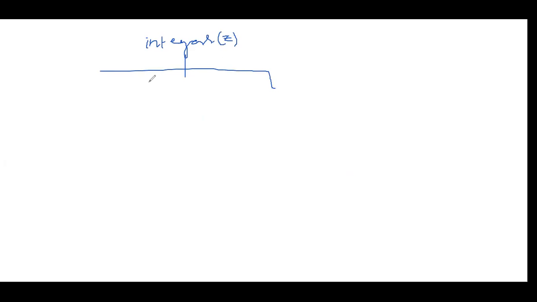One is negative integers, the other is positive integers. Negative integers means what? Can anybody tell me the symbol to indicate negative integers? Z with power minus 1. Before it we will give minus.